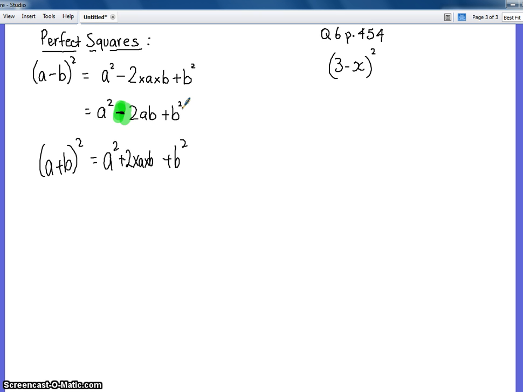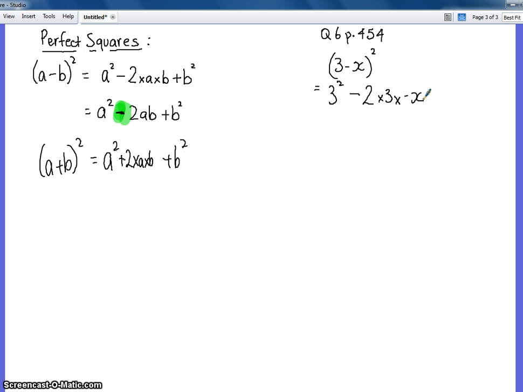Okay, so we're going to follow this with these numbers now. Instead of a and negative b, we've got 3 and negative x. So we are squaring the first number, yeah? And if we close our eyes, we should be able to see negative 2ab, negative 2 times 3 times negative x, yep.